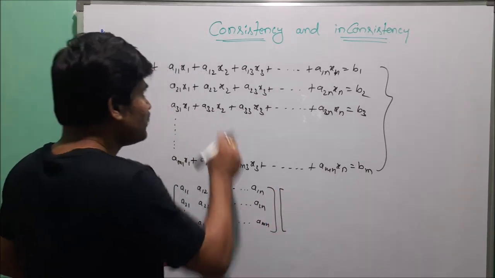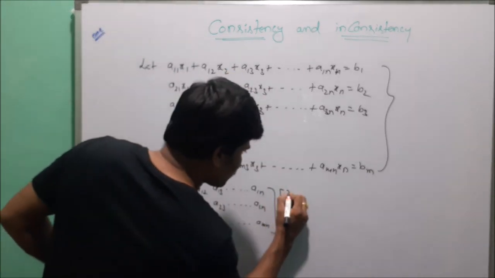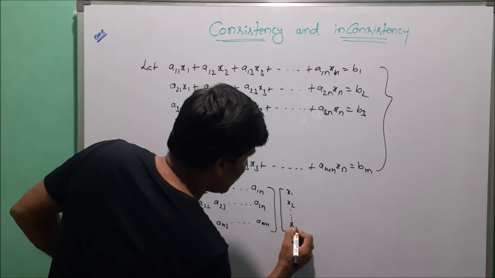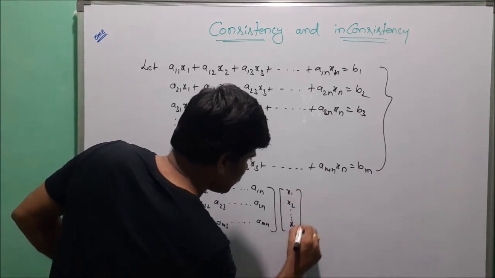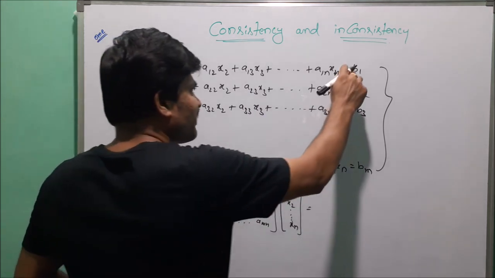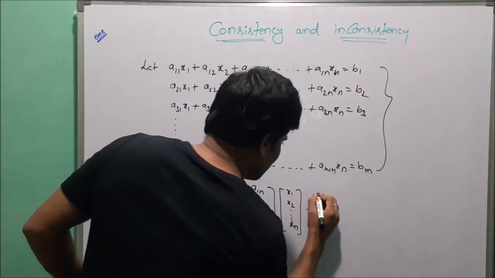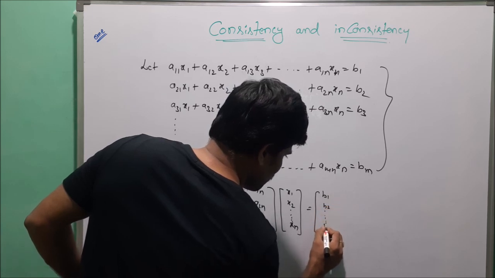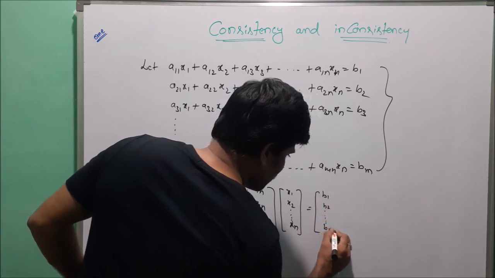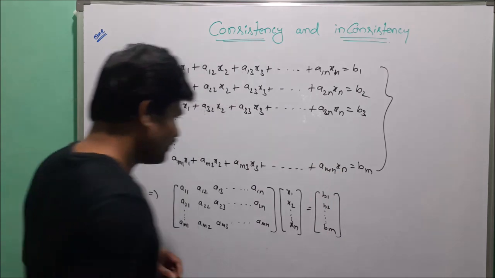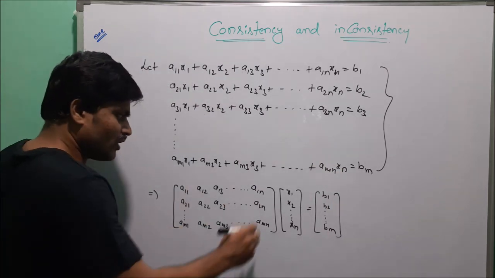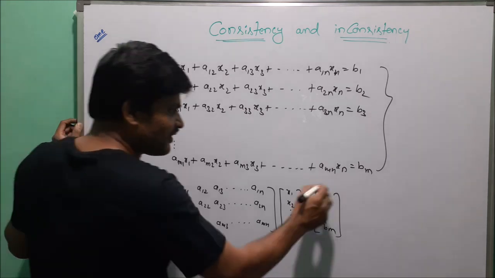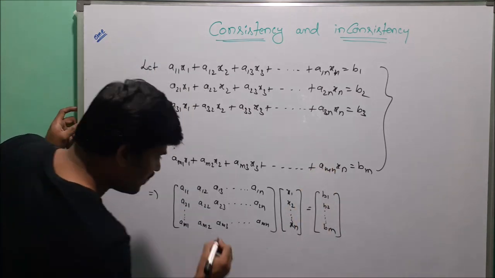Similarly we write the variables column wise x1, x2 up to xn. Now on the RHS we write column wise the constants b1, b2 and so on up to bm. So this is called the coefficient matrix, this is called the variable matrix or unknown matrix, this is called the constant matrix.